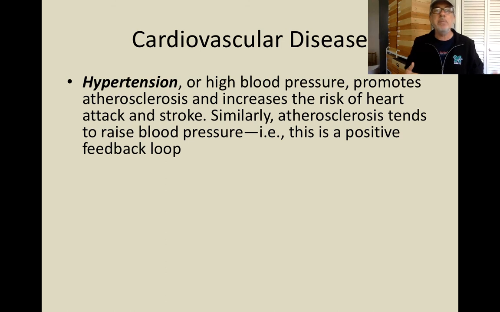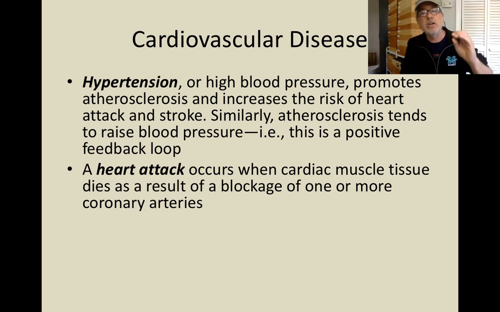And so hypertension increases the chance of atherosclerosis, but atherosclerosis tends to raise blood pressure. And so you put plaque in it, it increases the hypertension, more hypertension makes more plaque, etc. It's a positive feedback loop.